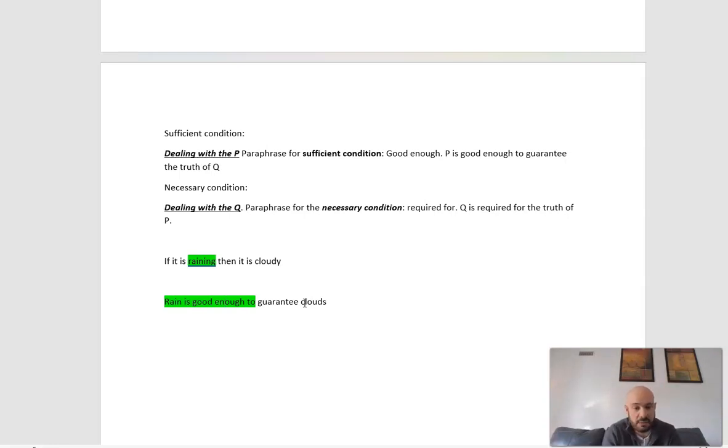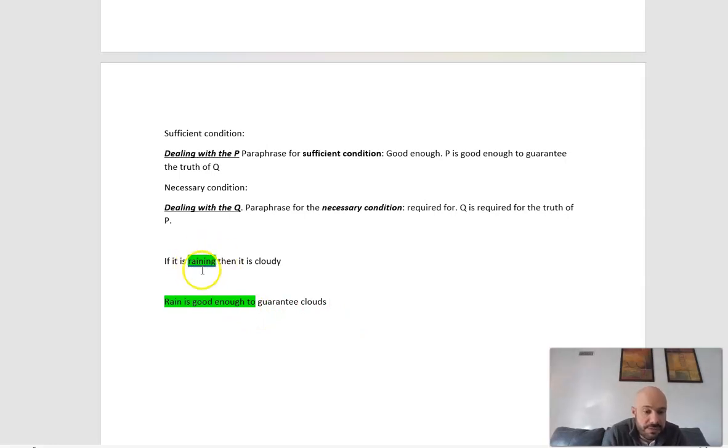So that seems accurate. Here we have: if it is raining, then it's cloudy. Talking about the sufficient condition here, it should be thought of as rain being a guarantee. If there's rain, it's a guarantee that there are clouds. So rain guarantees the existence of clouds.